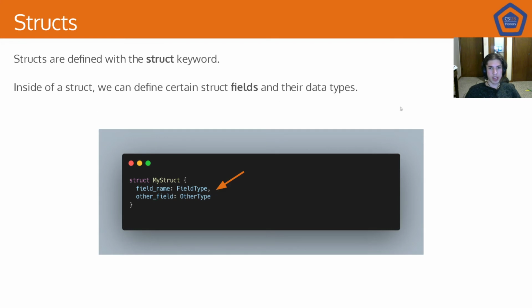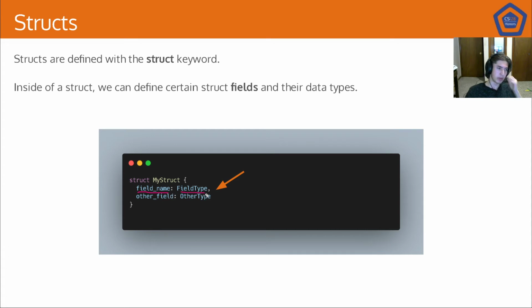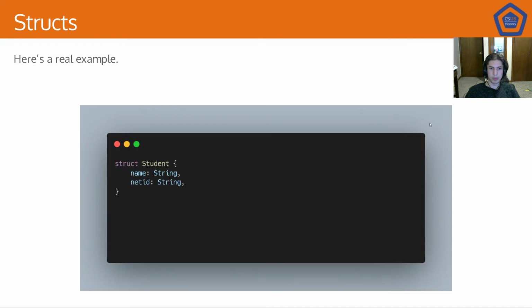Inside of a struct, we have what we call fields. Fields are an associated variable name and a data type for that variable name. So we can look at a concrete example. We have our student struct, and we have a field called name that is a string, a field called netID that is a string. And that's it.